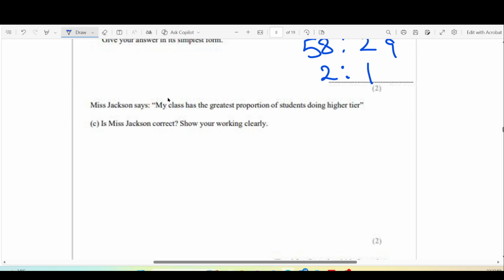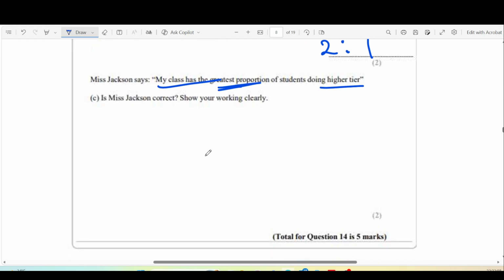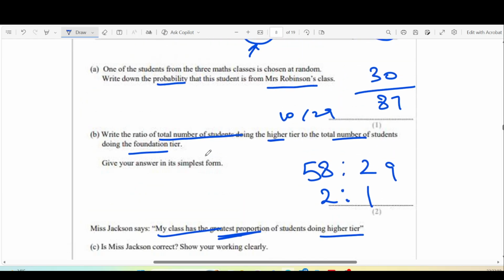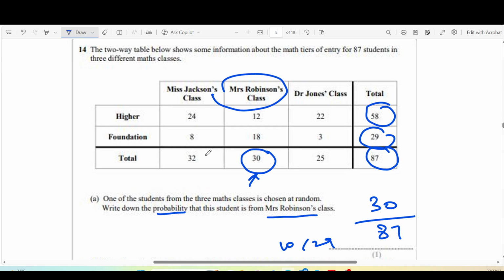Next is, Miss Jackson says my class has the greatest proportion of students doing higher tier. Is this correct? Show your working. Okay. So if you see Miss Jackson's class, higher are 24 and the total is 32.